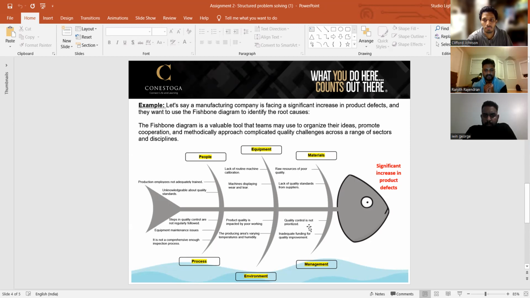And when it comes to environment, product quality is impacted by poor working conditions, such as room temperature issues, or production areas with varying temperature and humidity.